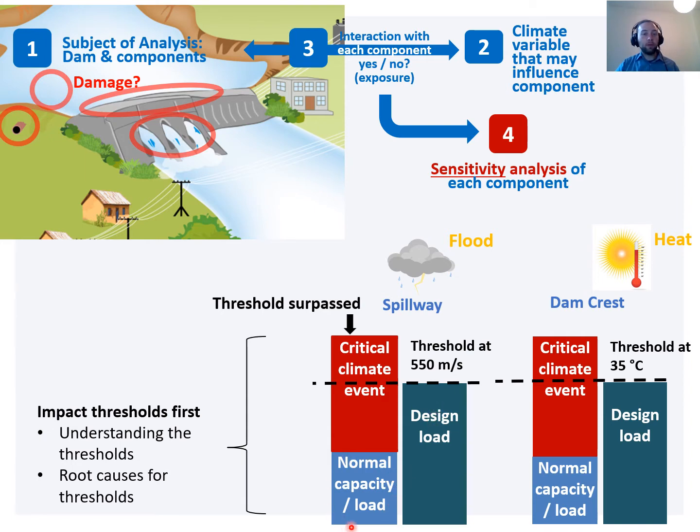However, the normal capacity is much lower. Of course, the design load is usually designed for extreme events. However, due to climate change, these extreme climate events might become more likely and they might surpass the threshold.